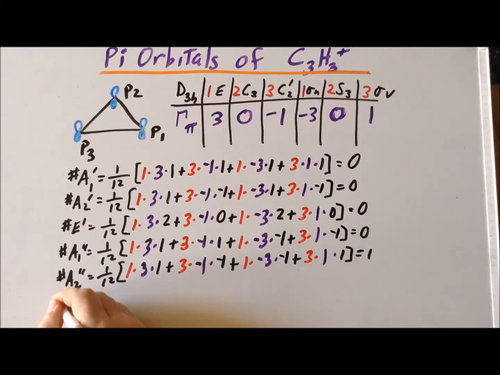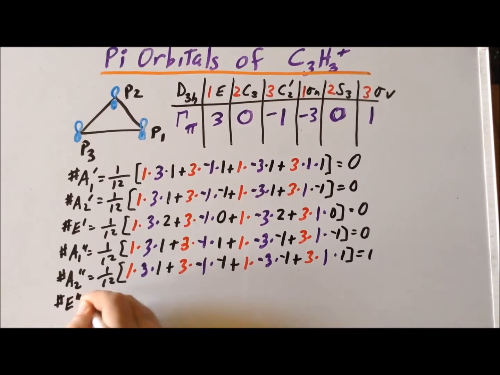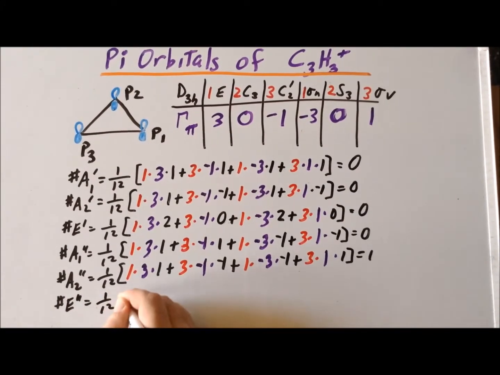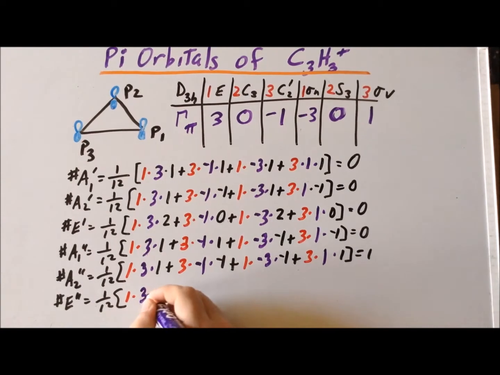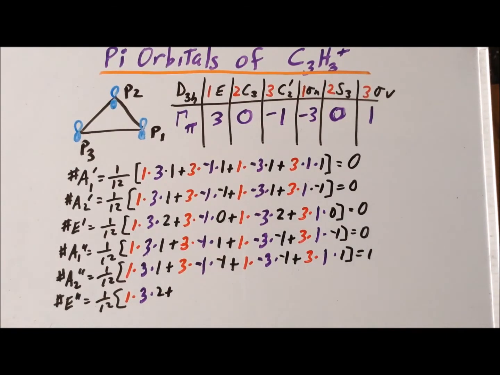Last but not least of the irreducible representations, we have E double prime, 1/12, 1 times 3 times 2, -1.